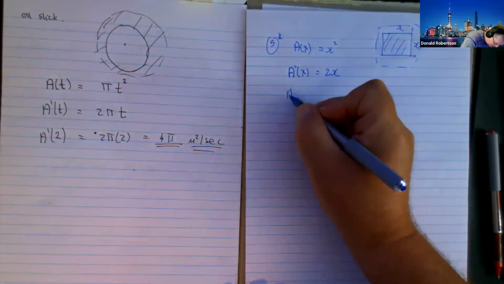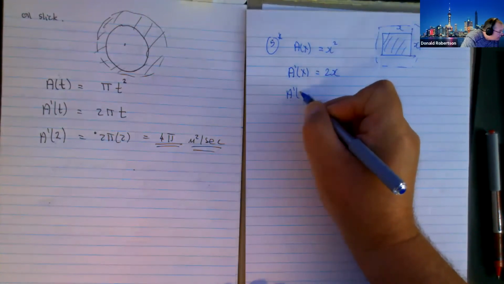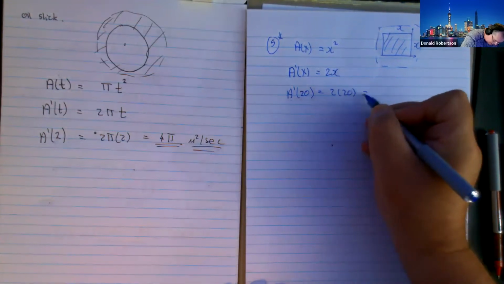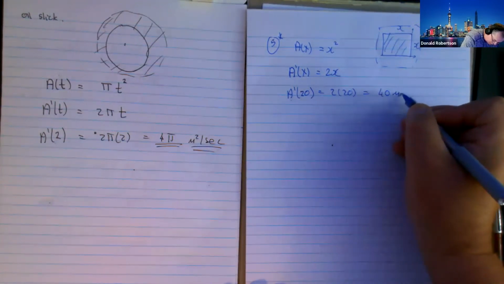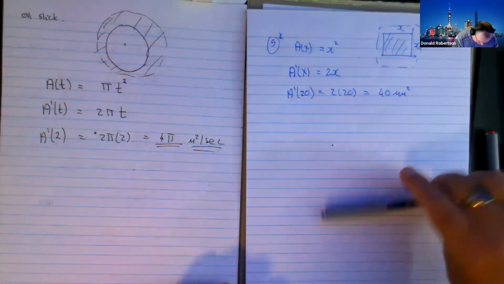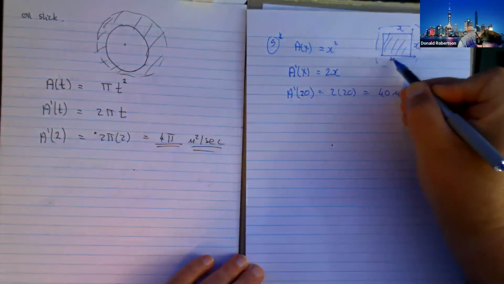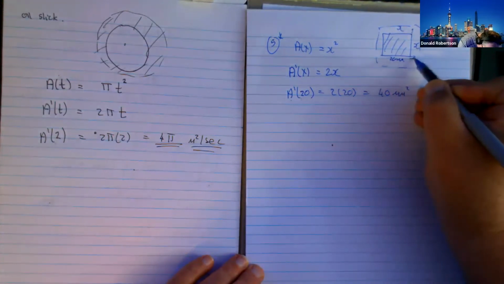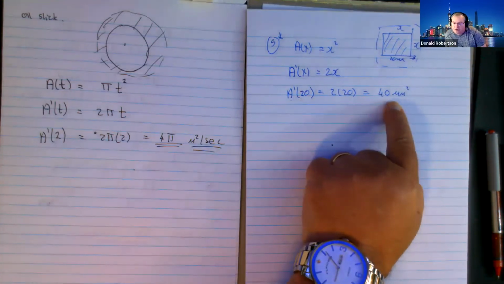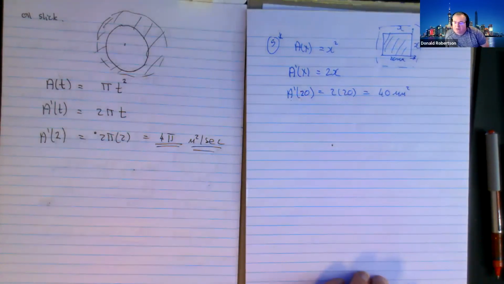And what's the area going to be when it's at 20 millimeters? The increase in area is going to be 40 square millimeters. So a little adjustment. If this was 20 millimeters and it grew just a little bit bigger, that's how much it would grow at that size.